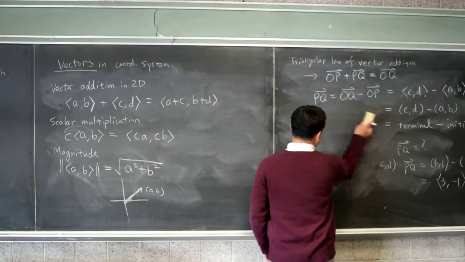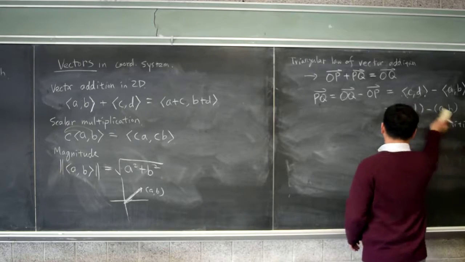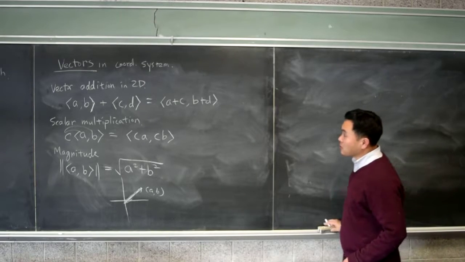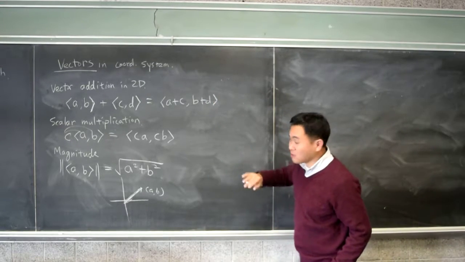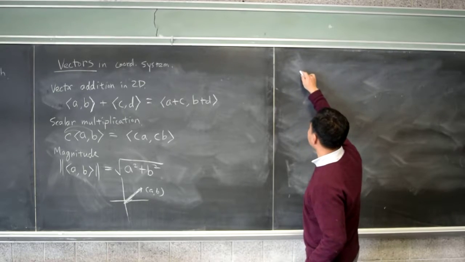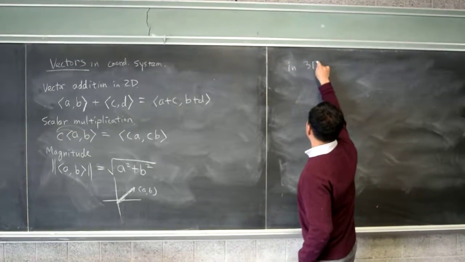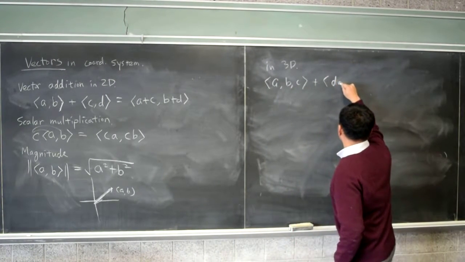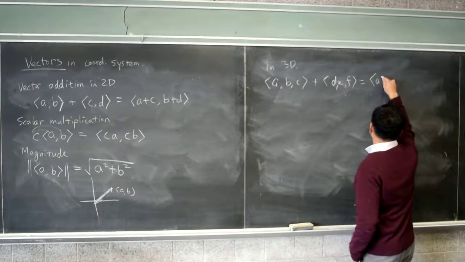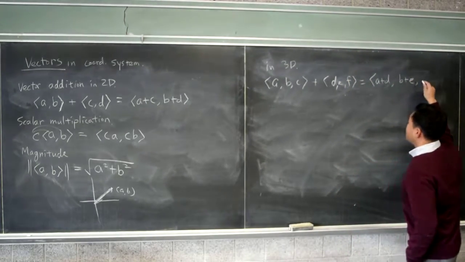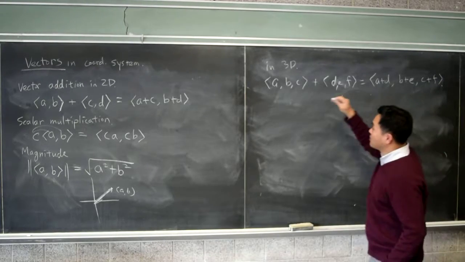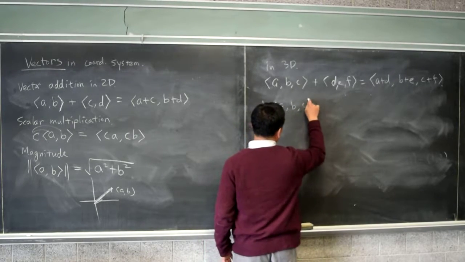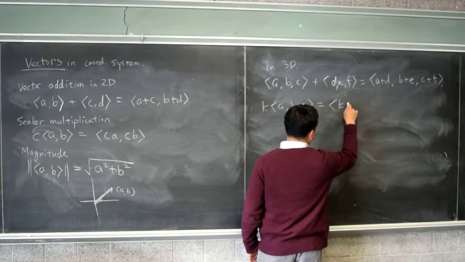Okay, what about 3D? It's the exact same thing. In 3D, you have scalar multiplication, vector addition, magnitude, and all that. Okay, so in 3D, again, A, B, C plus D, E, F is A plus D, B plus E, C plus F, and if you have some K times A, B, C, you just multiply to each individual one.